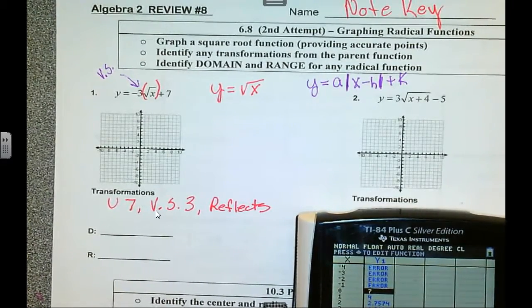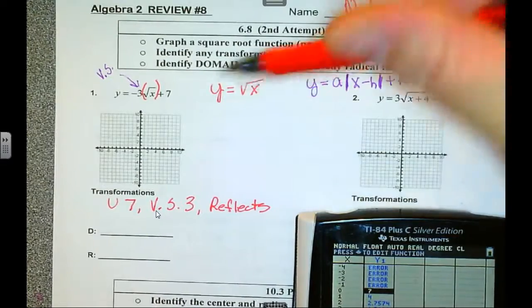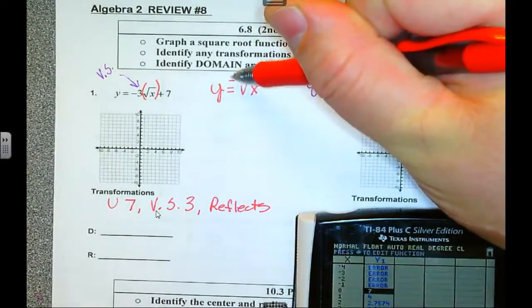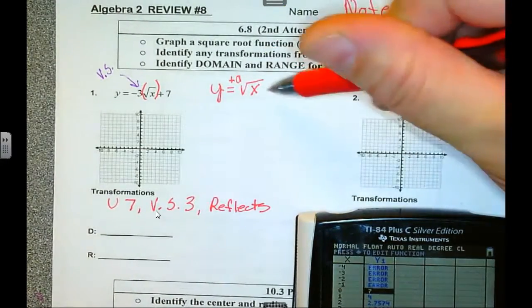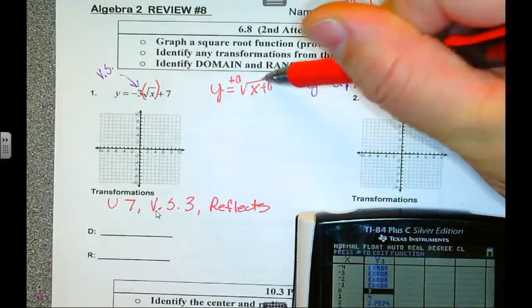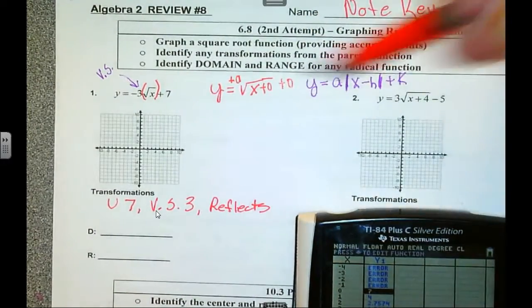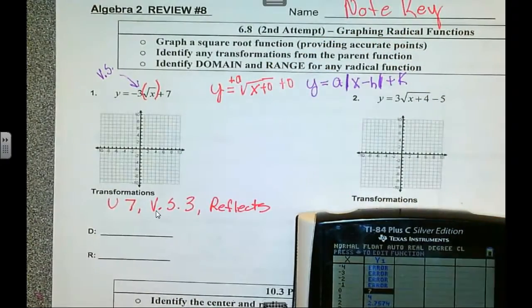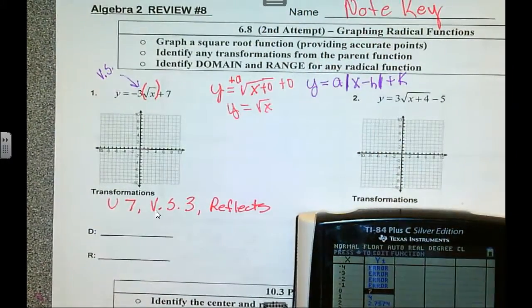If there was no 3 there. There actually is all of this stuff in our parent function. There's a positive sign here instead of the negative. There's an A there, it just happens to be 1. There's actually a 0 there under the radical, and then there's a 0 outside. If I were to make this like our regular functions, stretch it out, that's what it would be. But our parent functions, we just simplify everything to that.